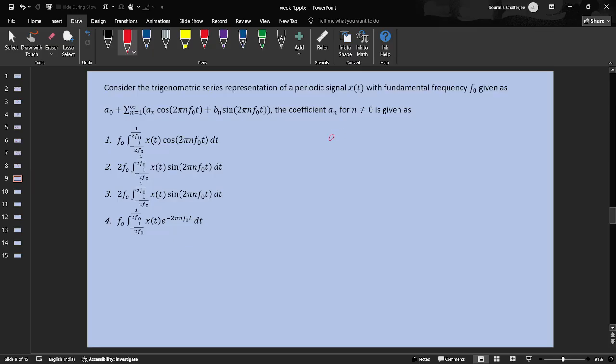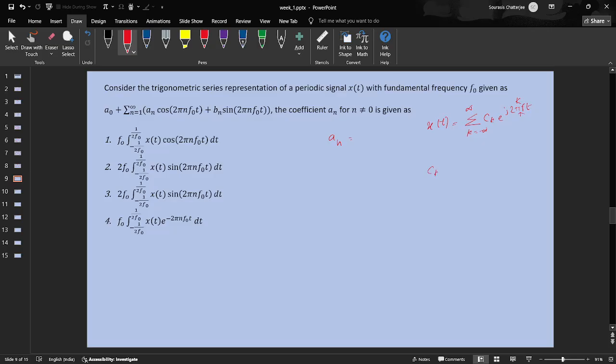So what do you think, how can we find the coefficient an here? Okay, let me help you a bit here. Let's say you see that Fourier series representation as follows: sum over k from minus infinity to infinity, ck e to the power j 2 pi k f t.